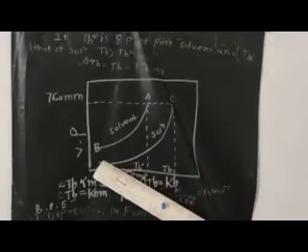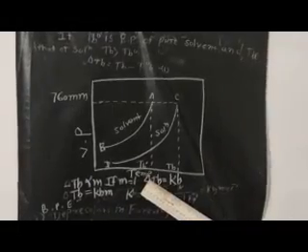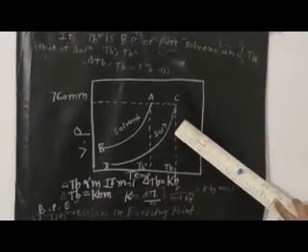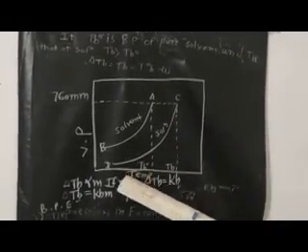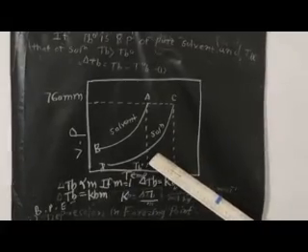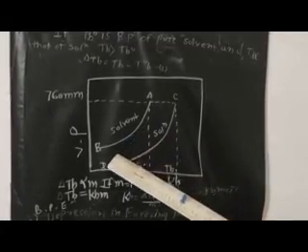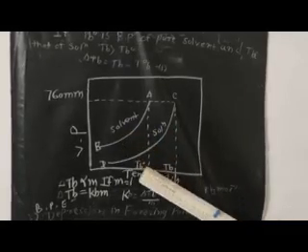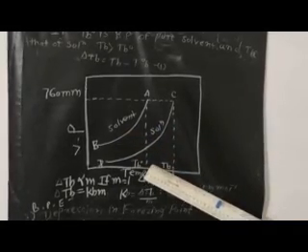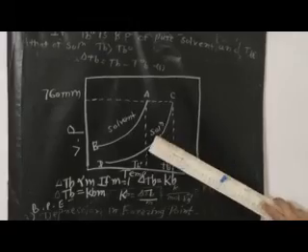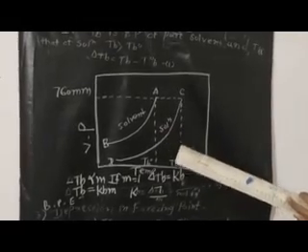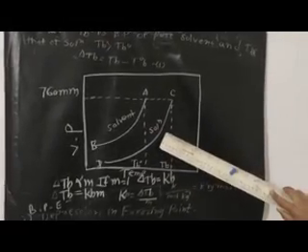Here is the graph of vapor pressure versus temperature, and in this graph the CD curve of the solution lies below the AB curve of the solvent. Tb⁰ is the boiling point of the solvent and Tb is the boiling point of the solution.